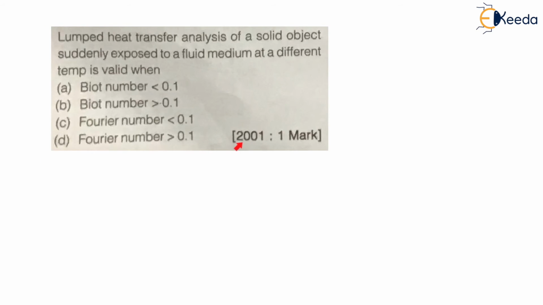Now the next question from GATE 2001 for 1 mark: the lumped heat transfer analysis of a solid object suddenly exposed to a fluid medium at a different temperature is valid when? The lumped heat analysis is valid when the Biot number is less than 0.1, just now we have seen. Therefore option A will be the correct choice.